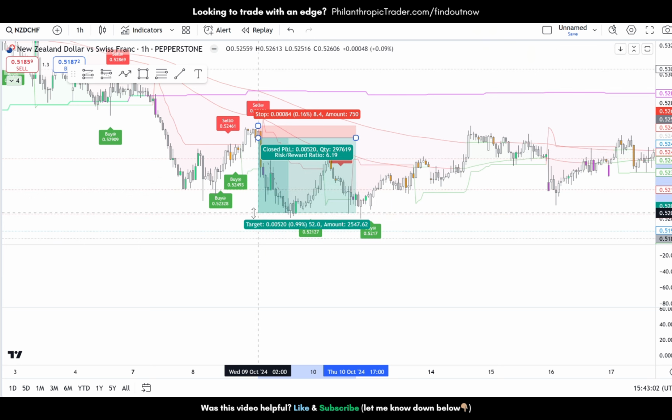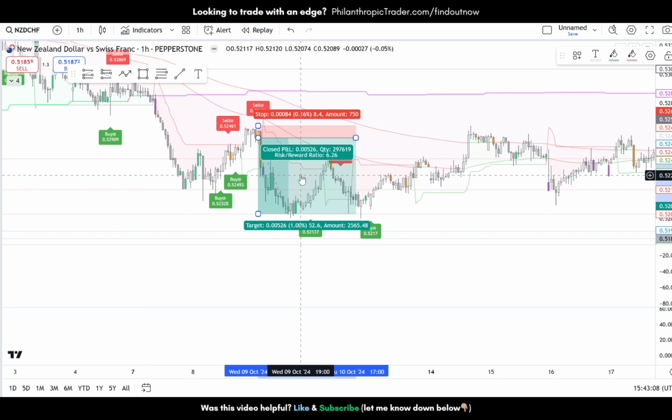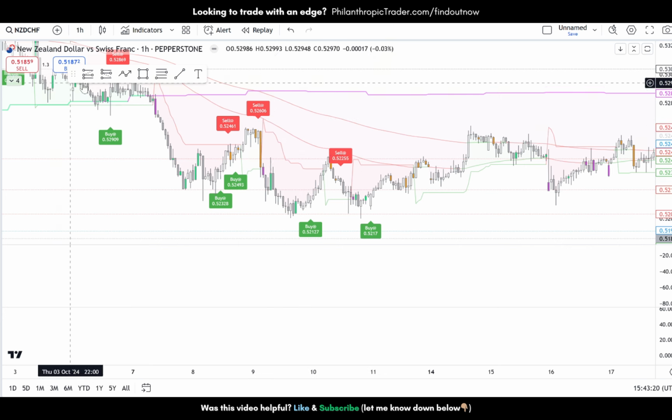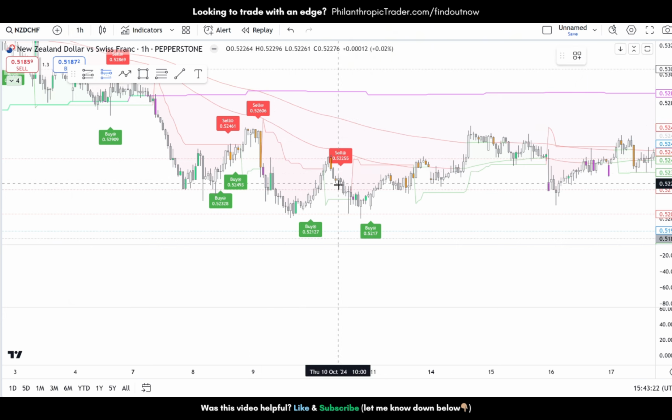It's almost a 1 to 6.5 risk reward ratio trade, which is good. Crazy. It's really nice. So this loss was already forgotten basically, because this is a really good trade. And then we have another over here.